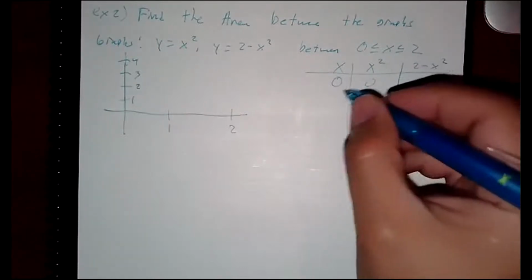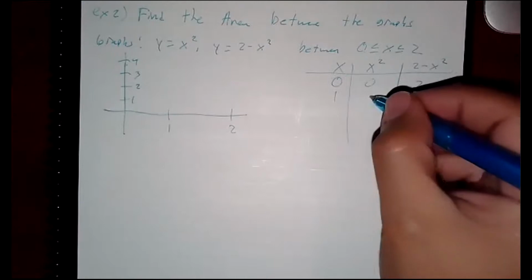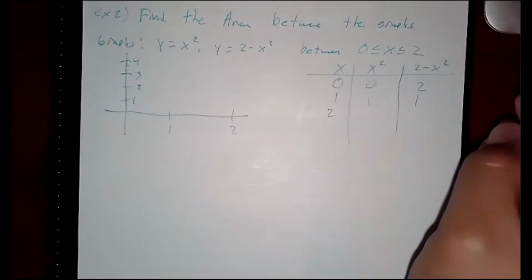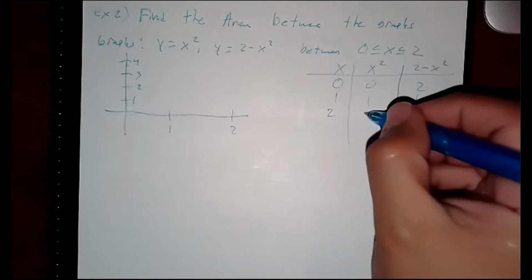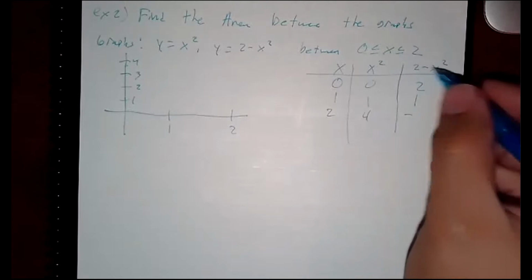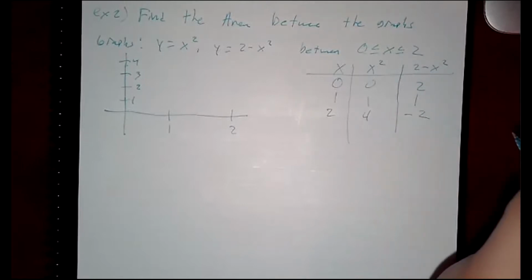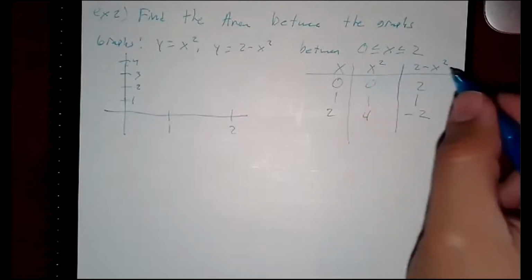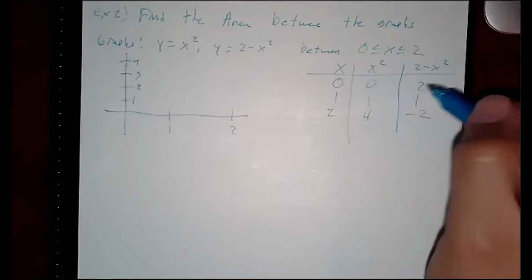So plug in 1, I get 1, and I get 1. If I choose 2, I get 4, and I get negative 2. You cool with me skipping the plugging-in part, or do you want to know where these numbers are coming from?